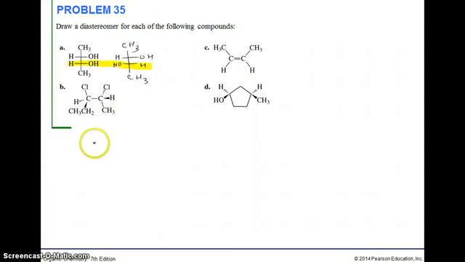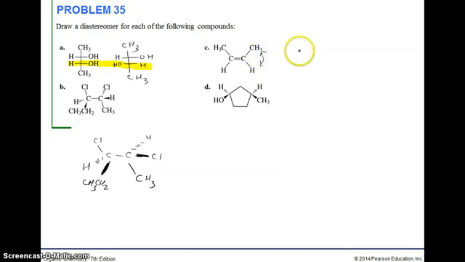And for B, I'm going to rotate here. And for C, I'm going to make this trans.